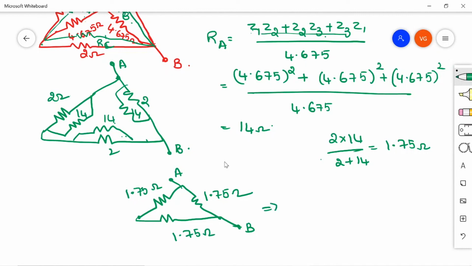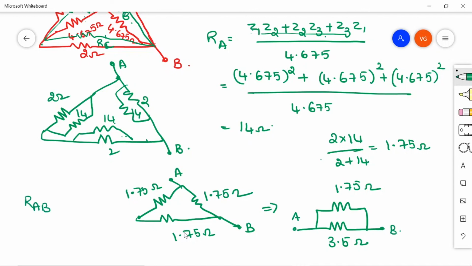Now, if you observe, these two resistors are in series, right? That will be 1.75 plus 1.75 is 3.5 ohm, which is in parallel with 1.75 ohm here. The parallel combination, whatever answer you get, that will be your RAB.